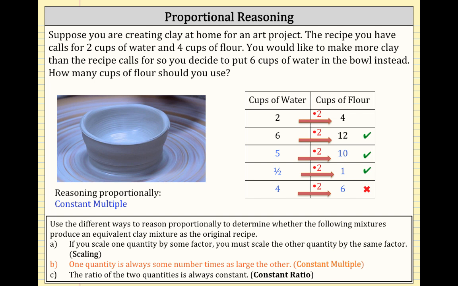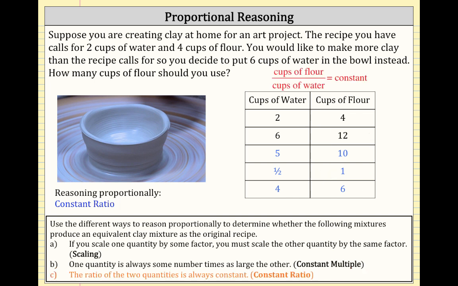Okay, now let's investigate the last one, which is that constant ratio. So again, the cups of flour to the cups of water should be in a constant relationship. So let's take a look. Looking at cups of flour to cups of water, 4 cups of flour divided by 2 cups of water gives us a rate of 2, or a ratio of 2.